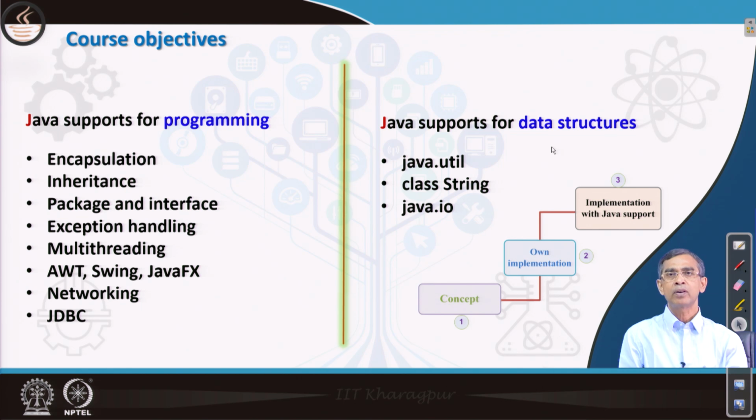And then java.io is an input output related package which allows you to deal with the flow of data from different sources. So these are the three things required in order to understand data structures.